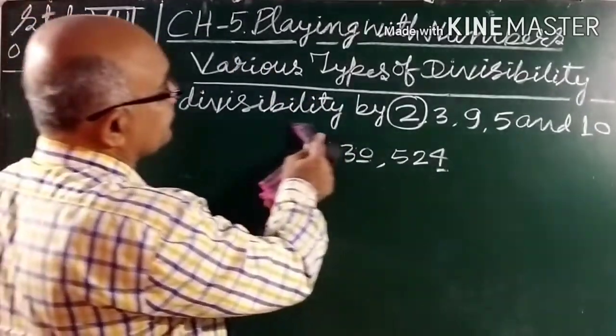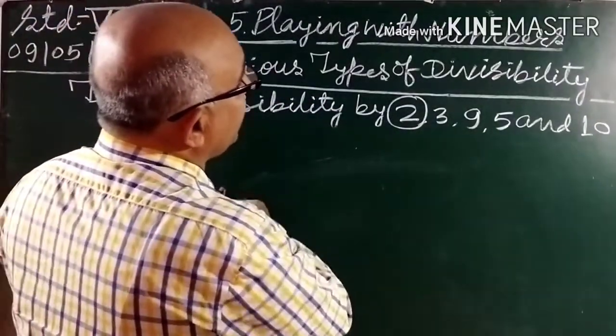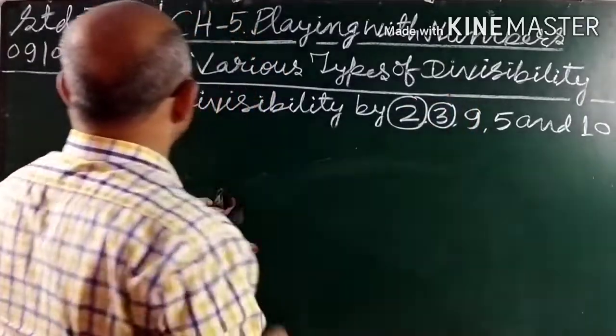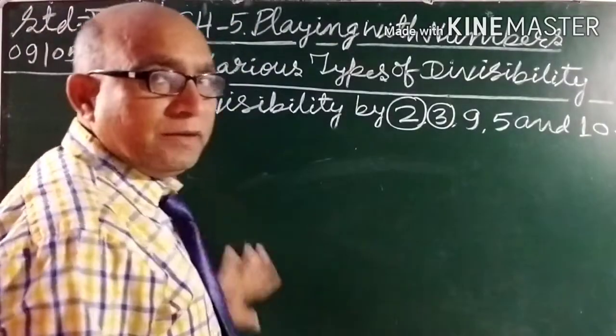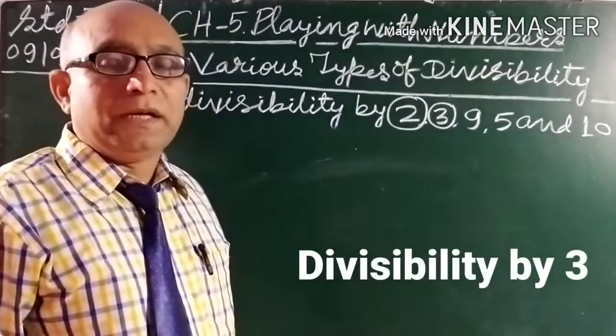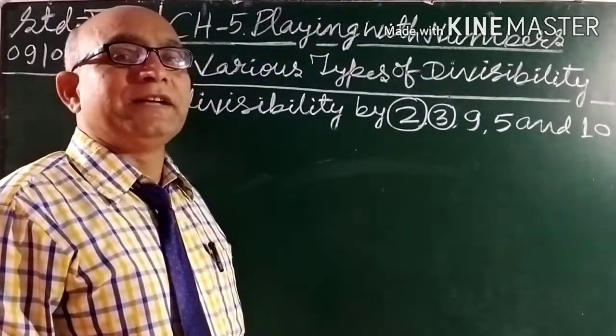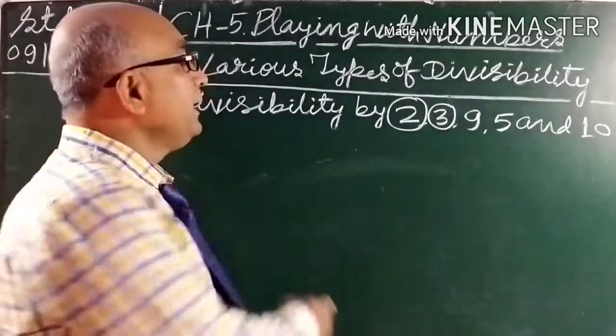Again, divisibility rule by 3. A given number is divisible by 3 if the sum of its digits is divisible by 3.